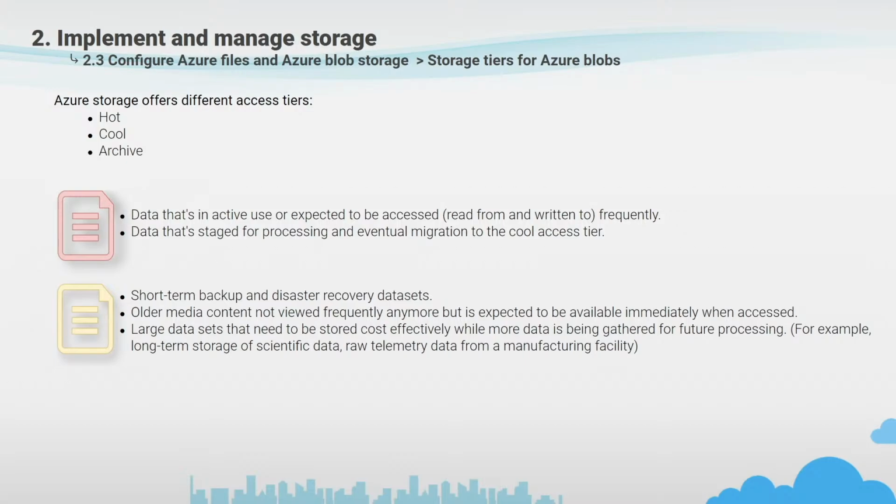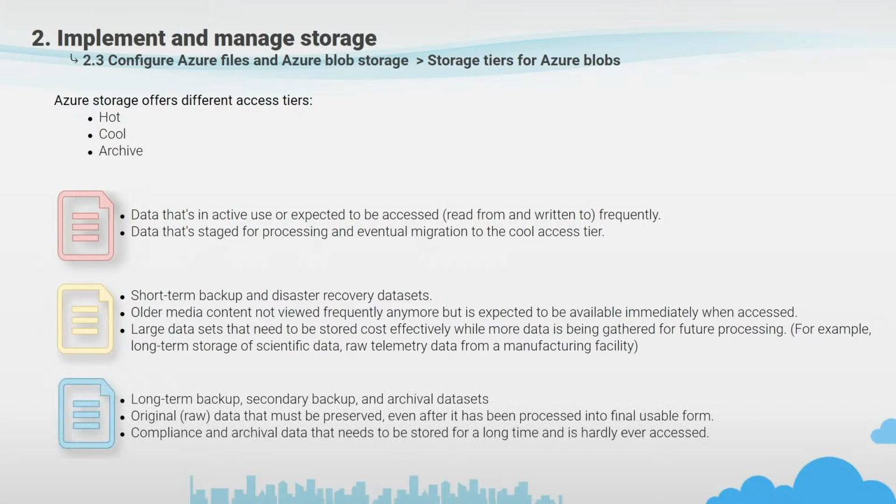An example could be short-term backups and disaster recovery datasets. Archive access tier has the lowest storage cost but higher data retrieval cost compared to the hot and cool tiers. Data must remain in the archive tier for at least 180 days or be subject to an early deletion charge. An example could be long-term backups.